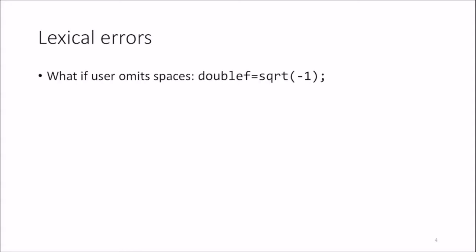Let's take the same example as before, except remove the spaces from it. Now, maybe the user did this accidentally, maybe on purpose. Let's say the user did it accidentally and removed the space. The counterintuitive part is that it doesn't result in a lexical error. And the reason is there is a valid token in this input. So if I look at this input sequence, I can see that there is a reserved word double in there.